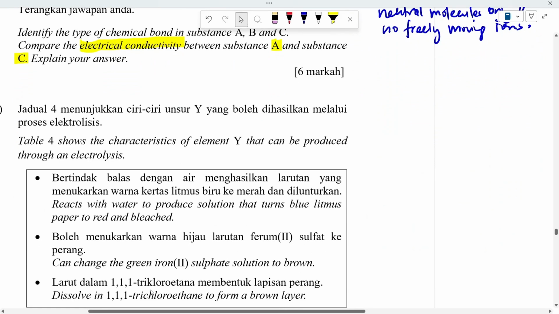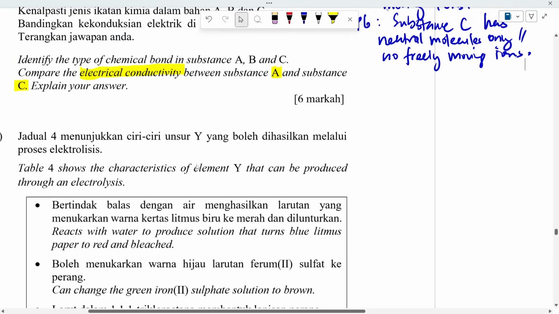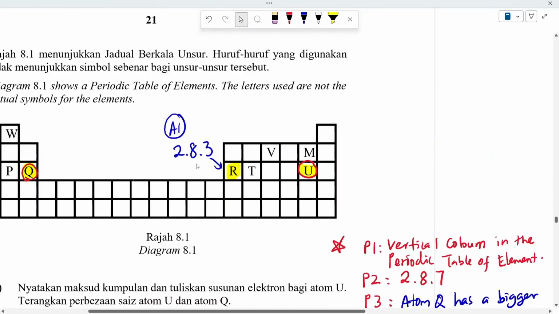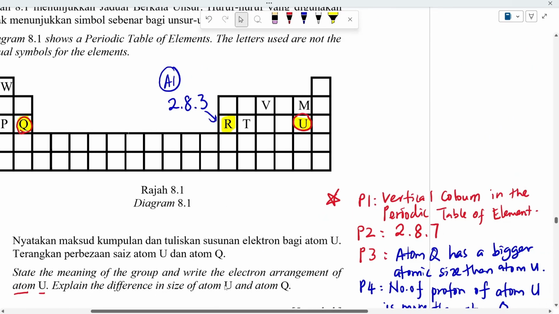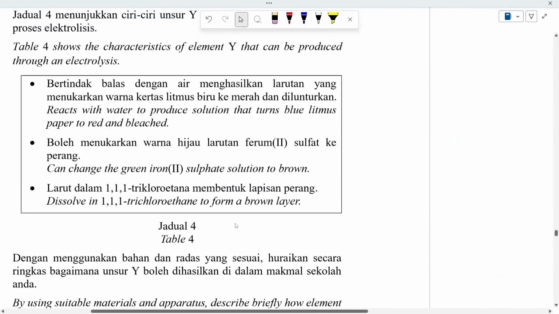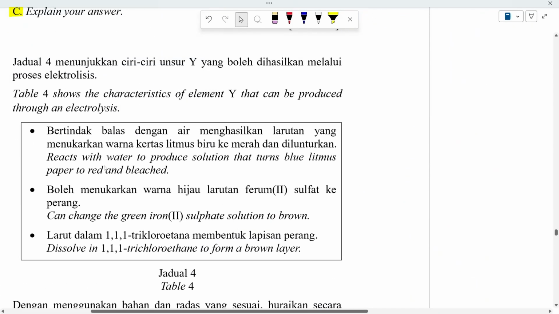Now D. Table shows the characteristics of element Y that can be produced through an electrolysis. Is it from the table? No, so it's a separate question already. Now we look into the characteristics.